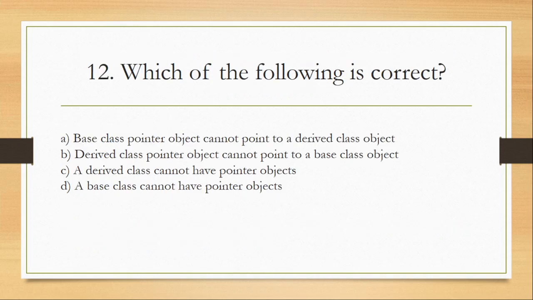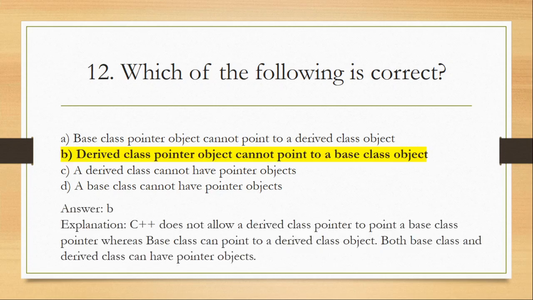Which of the following is correct? The derived class pointer objects cannot point to a base class object. The option B, where C++ does not allow a derived class pointer to point to a base class object, whereas a base class pointer can point to a derived class object.